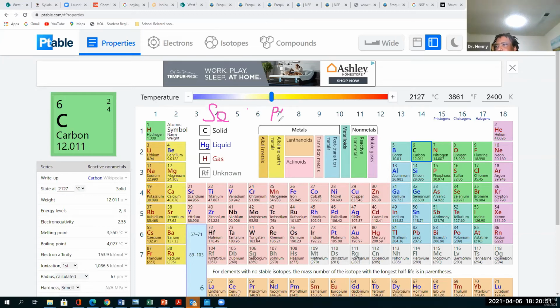rubidium. That's Rb, rubidium. So would it be SeRb2? What is the charge on Se? -2.